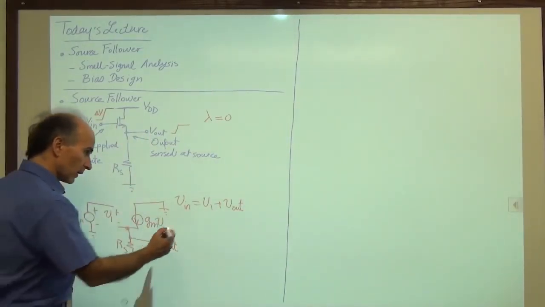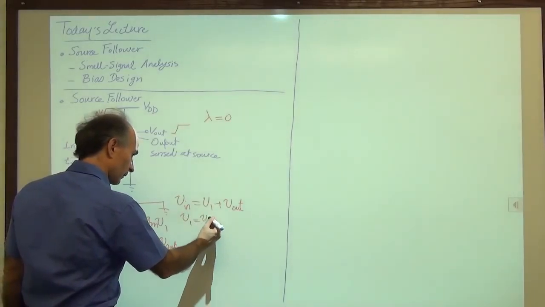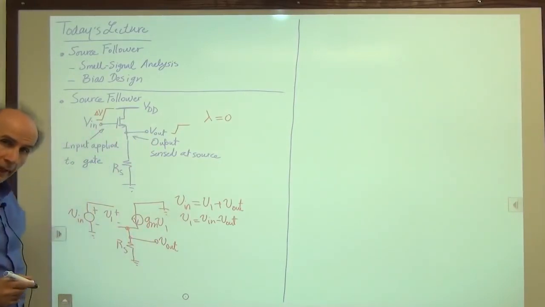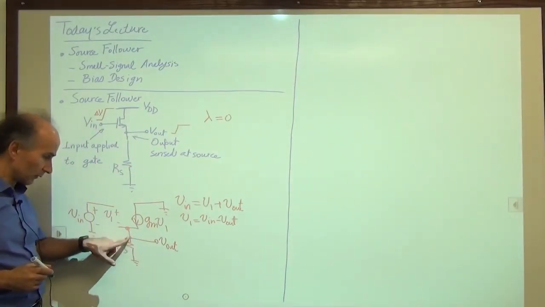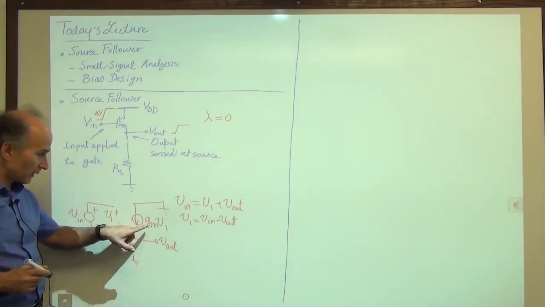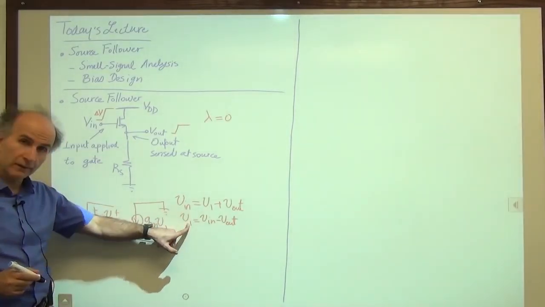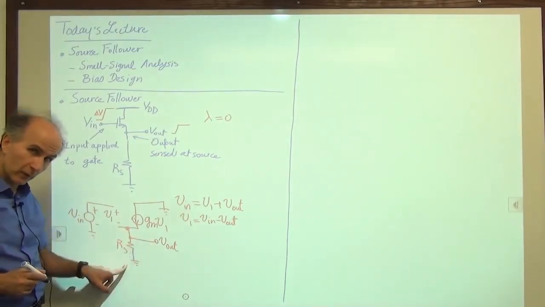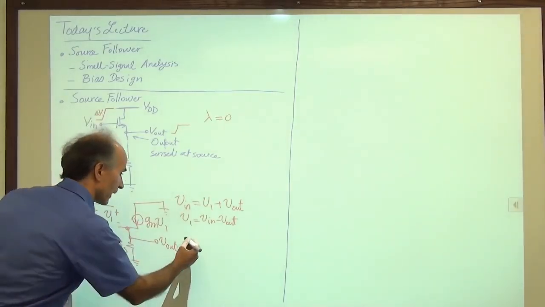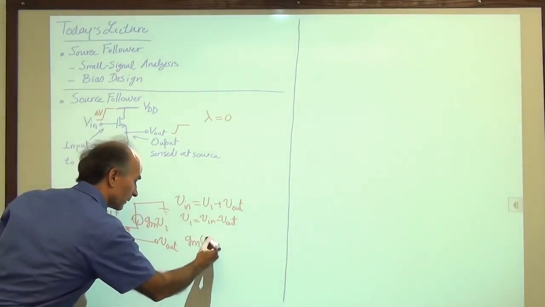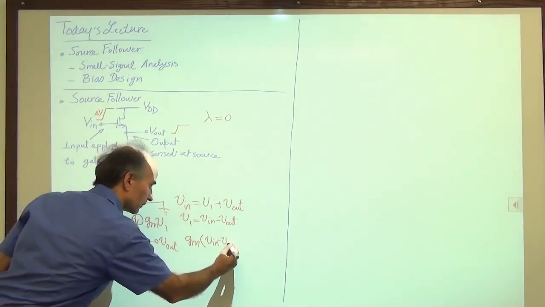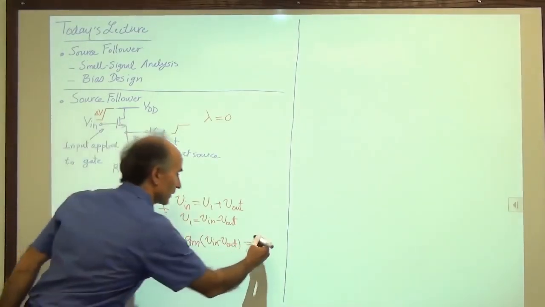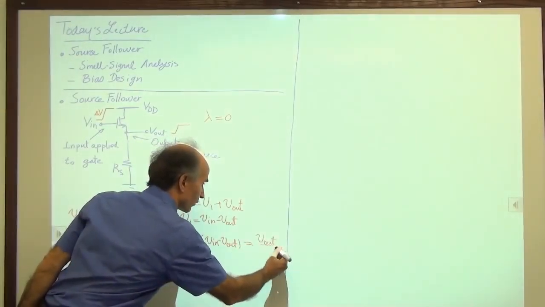Okay, that says that V1 is equal to V in minus V out. Now, let's write a KCL at this node. This current is coming in is equal to GMV1, and we have V1. And the current through RS going downward is equal to V out over RS. So I can say GM times V1, V in minus V out, is equal to this voltage over this resistance, V out over RS.